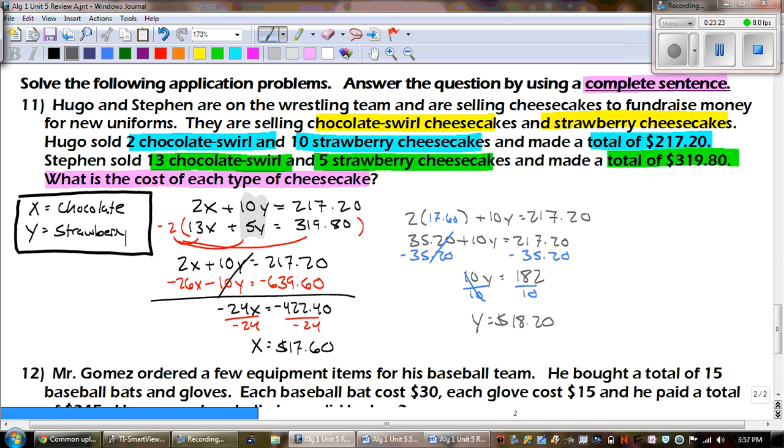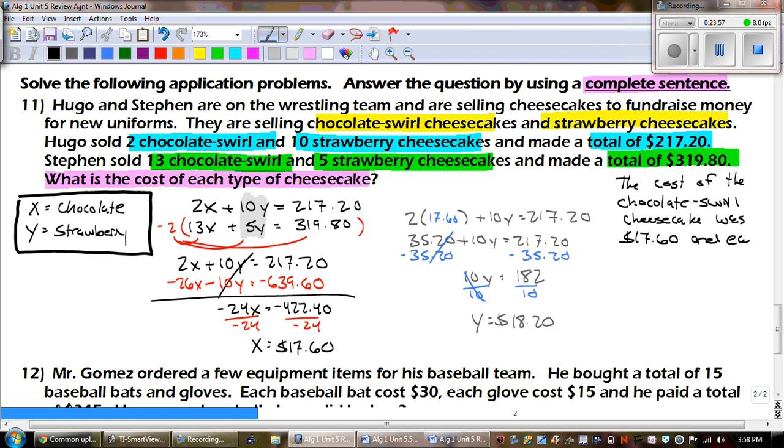So they're asking for a complete sentence. So let's talk about the cheesecakes. The first one was the chocolate swirl. Chocolate swirl, that was our x, right? So the cost of the chocolate swirl cheesecake was $17.60.